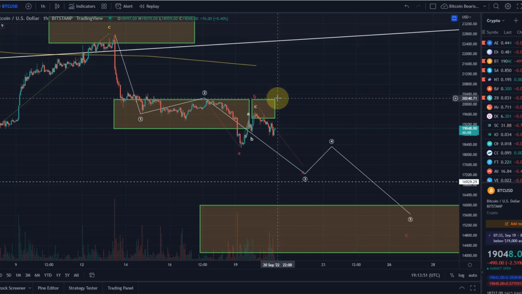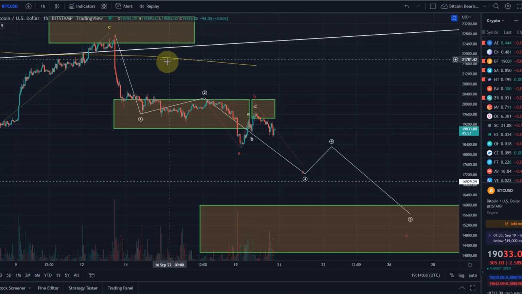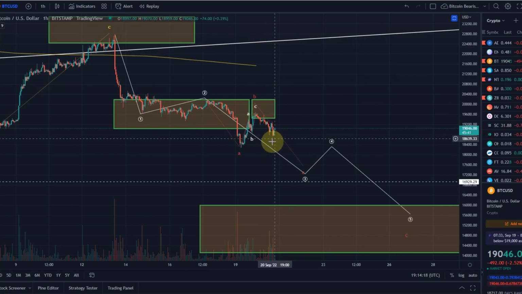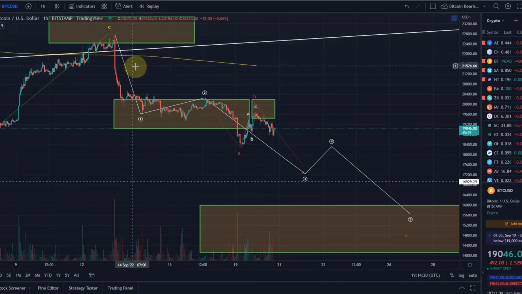If we break above 20.2k, there is another count that becomes very likely, but they are all pointing to the downside. You need to understand that this chart has downside pressure until we manage to break impulsively above the $22,100 level, which is somewhere up here. So until that level breaks, however high we go, limited, as long as we stay below 22,100, I will not flip bullish.